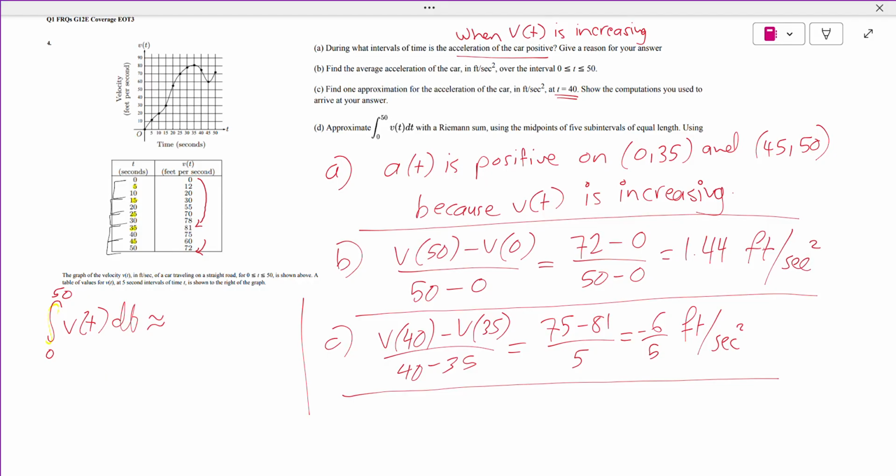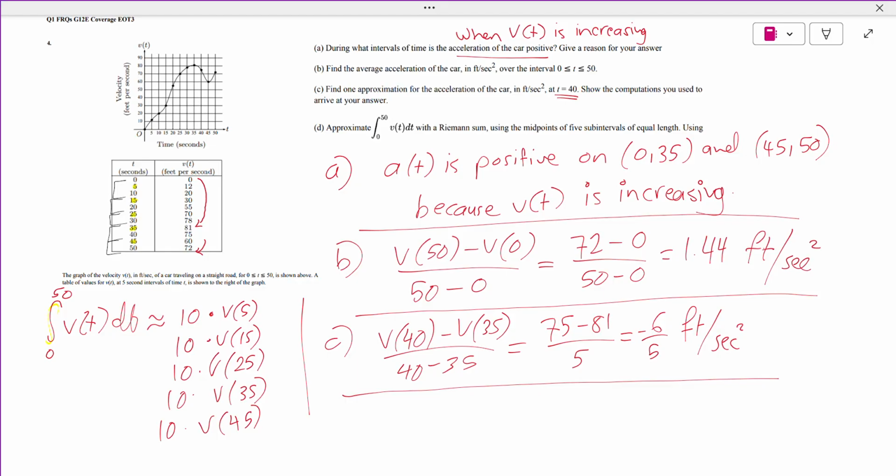The first width will be 10 times v of 5, and then 10 times v of 15, and then 10 times v of 25, and then 10 times v of 35, and then 10 times v of 45, right?